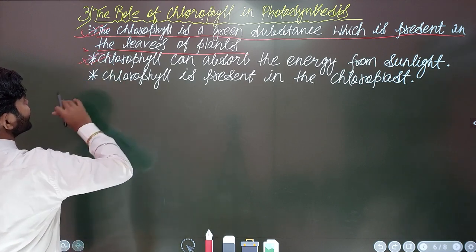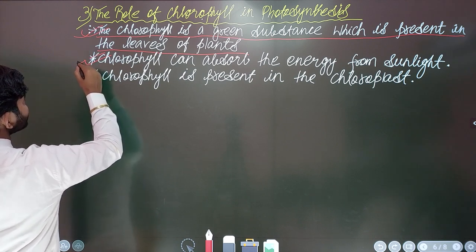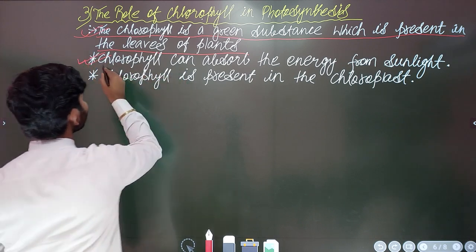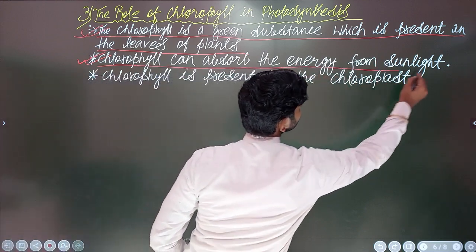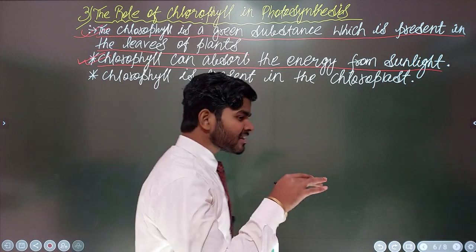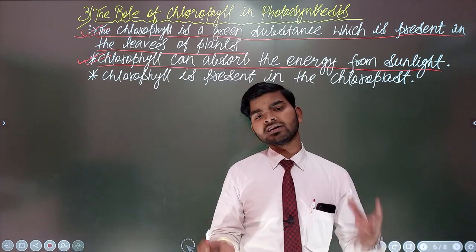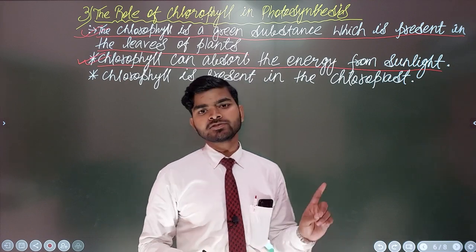What about the next one? I have written here that chlorophyll can absorb the energy from sunlight. The sun's energy is going here and there, but how is the sun's energy captured by the leaves of a plant?